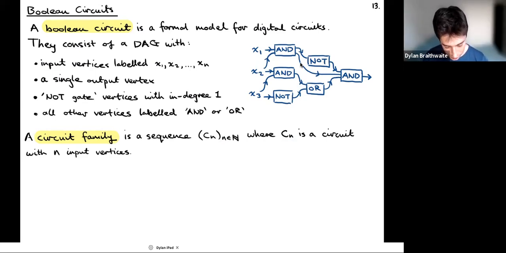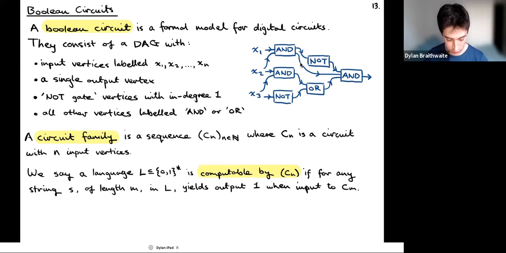And then from those, we can talk about whether a language is computable by a family of circuits, which just says, and when I say language, I'm talking about a set of binary strings. So to decide whether a specific string is decided by a circuit family, you look at its length, and so you pick the circuit that corresponds to that length out of the family.